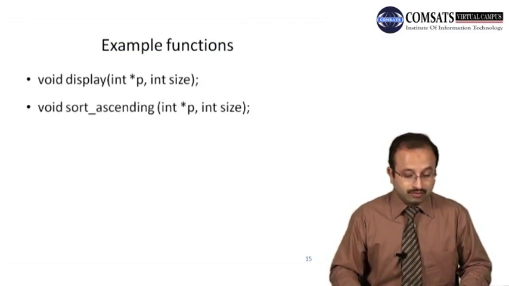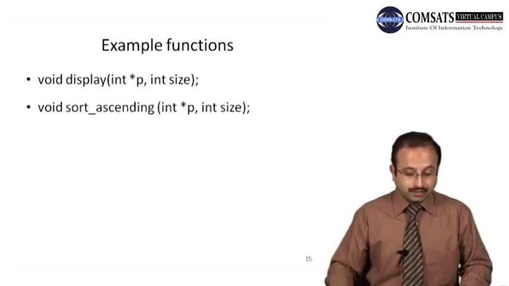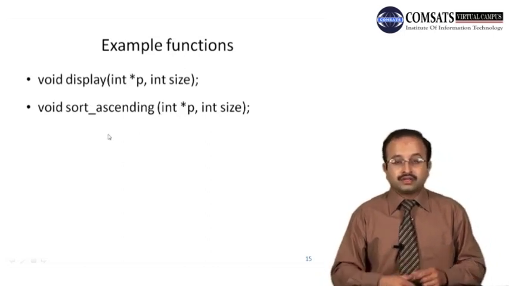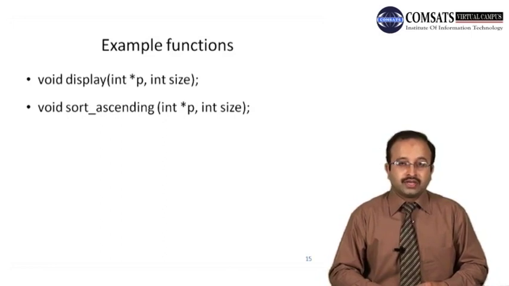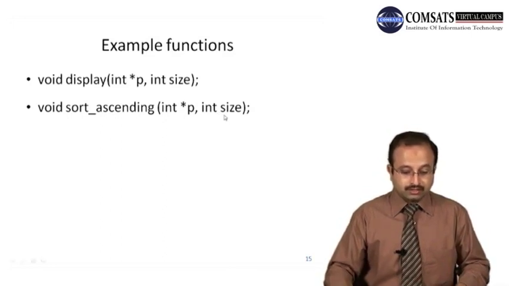The other function you can write is sort ascending. So this is the base address of the array, right, and this is the size of the array. Now you have to do the sorting in the array. So you told the function the base address. Now the function can access the original values of that array because it knows the address, and you also tell the size of that array.